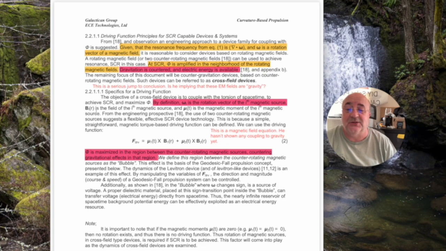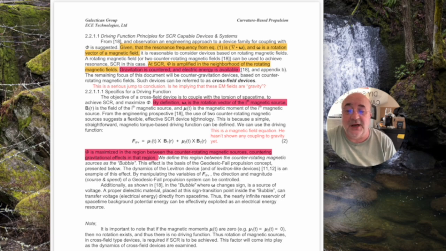From the engineering perspective, the use of two counter-rotating magnetic sources suggests a flexible, effective spin connection resonance device technology. This is because a simple, straightforward magnetic torque-based driving function can be defined.